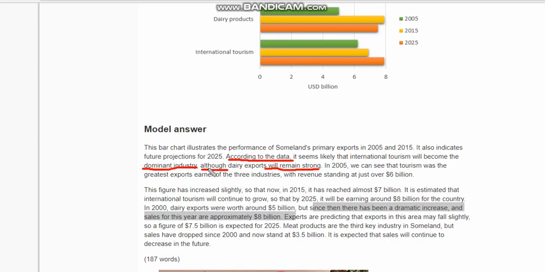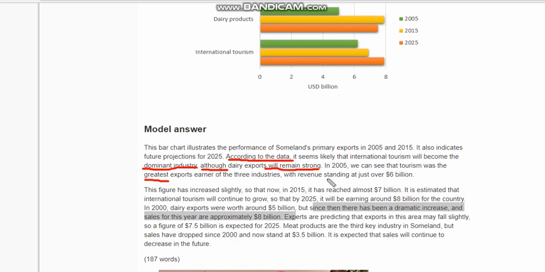So when the writer uses although, the writer of the task 1 must emphasize contrast with the previous sentence. And also tourism was the greatest exports, so greatest is used to say the biggest, so it is a more advanced word than biggest, obviously.